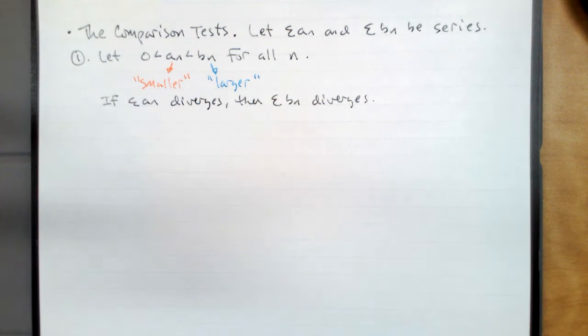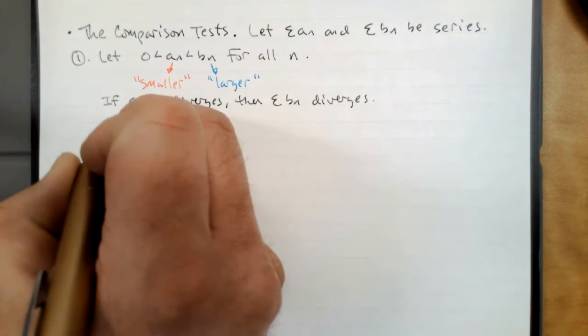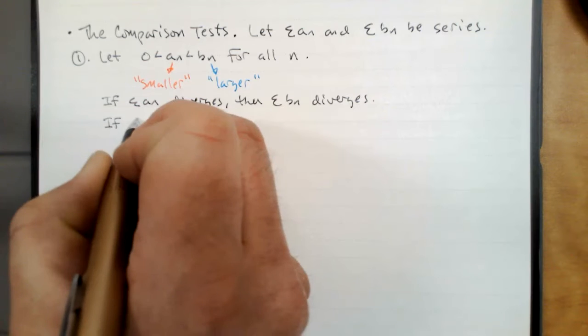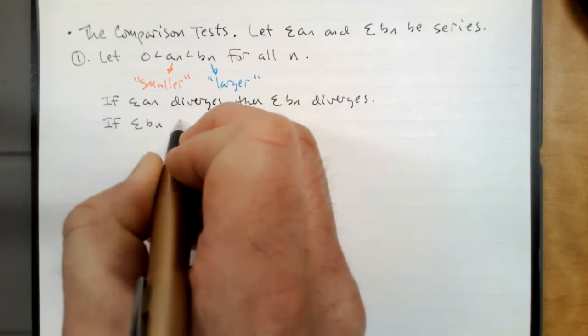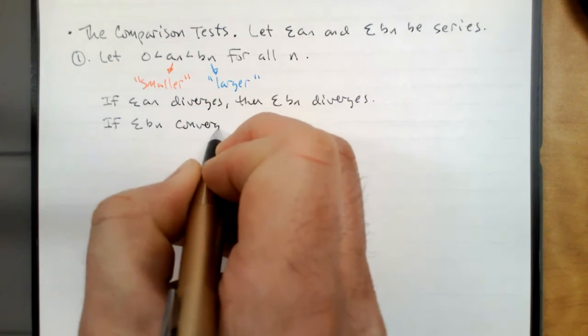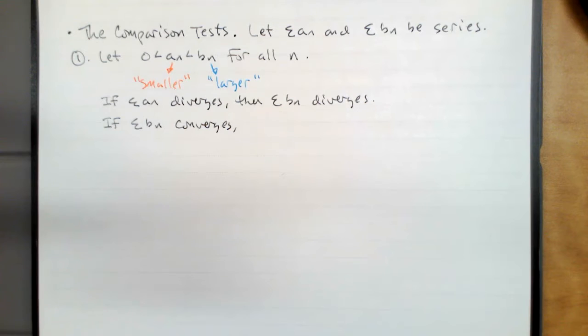That makes sense. We're adding up all the terms. If we make all the terms bigger, we're going to get a bigger sum. So if the smaller series diverges, then the larger series diverges. Going the other way, if the larger series converges, then the smaller series converges as well.